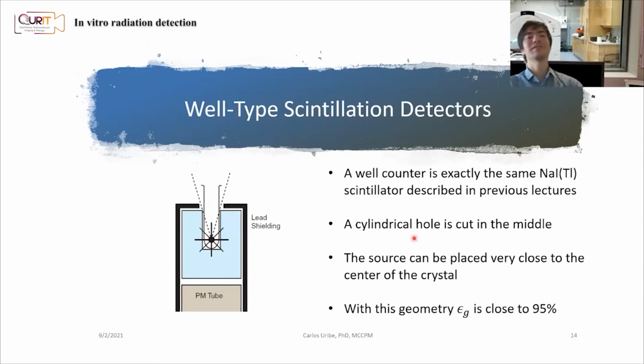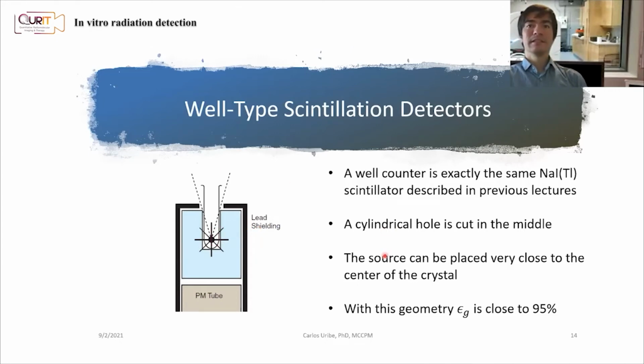In situations like that, you can reach a geometric efficiency closer to about 95%. So it's very useful for detecting as many events as possible. The best case scenario is to put a sphere around your source, encompassing all of it, and well-type scintillator detectors try to do that. You try to cover the maximum angle, intercepting as much as you can of the sphere into which that source is radiating.